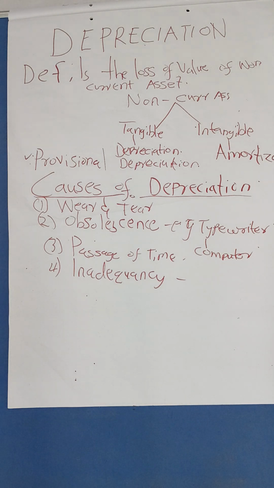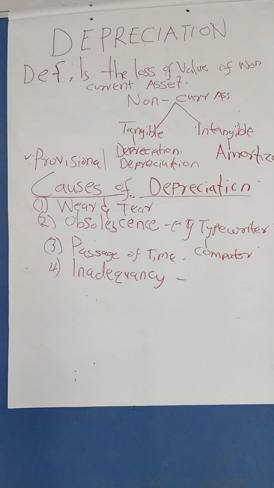Maybe the asset you are using doesn't produce the required units the firm needs. This comes in place when the demand goes high. Maybe initially you are producing 100 units in a firm, but when the demand in the market is high, the firm is needed to produce maybe 1,000 units.